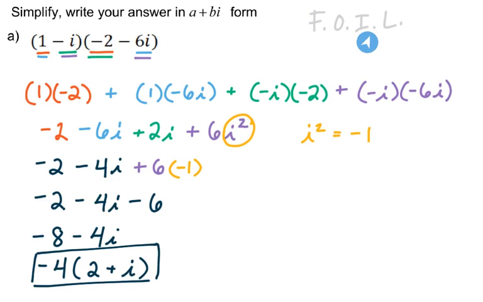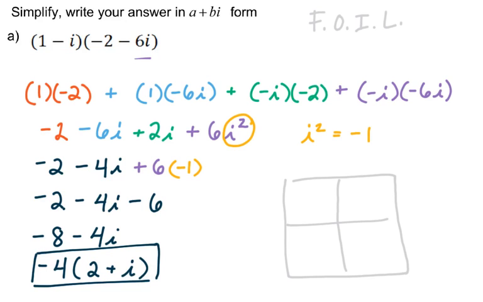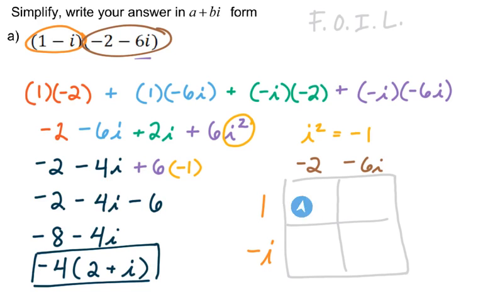All right, so FOIL is just an acronym that helps us match up each of those 4 terms. If you do struggle with foiling, I would like to bring to your attention the box or area method. So what I could essentially do here would be to take this first term, I'm going to write 1 and -i, as well as the second term, -2 minus 6i. Making this box, that's just a method that allows me to match up my terms and make sure that I'm getting all 4 of those terms.